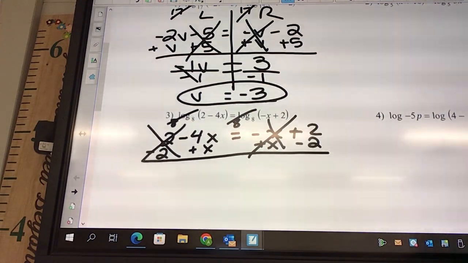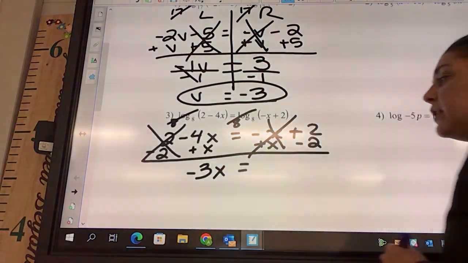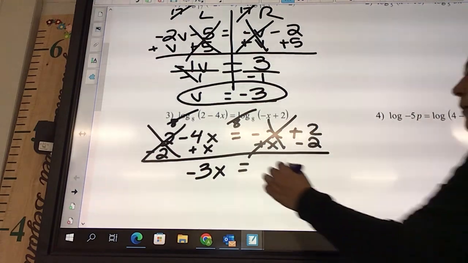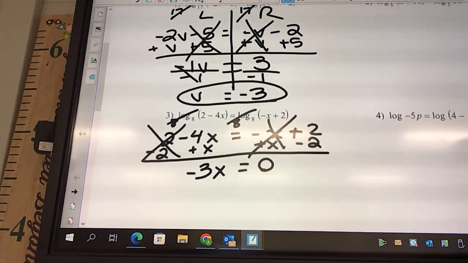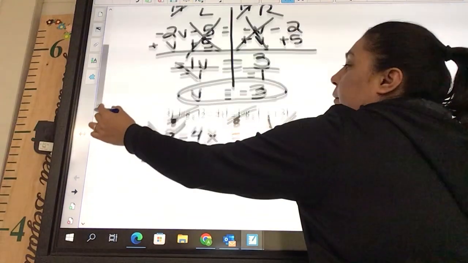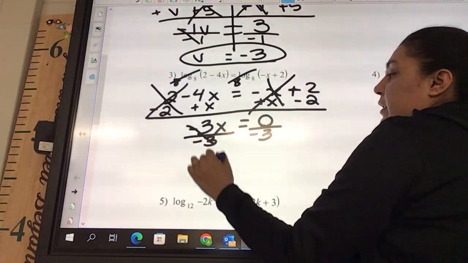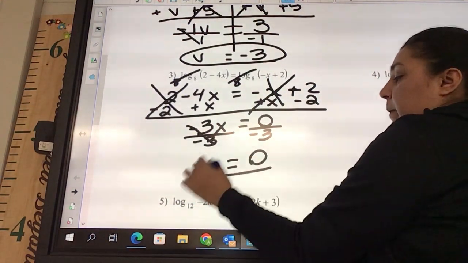Negative 4x plus 1x is negative 3x equals 2 minus 2, which is 0. And then what? Divide by negative 3. What is 0 divided by negative 3? 0.